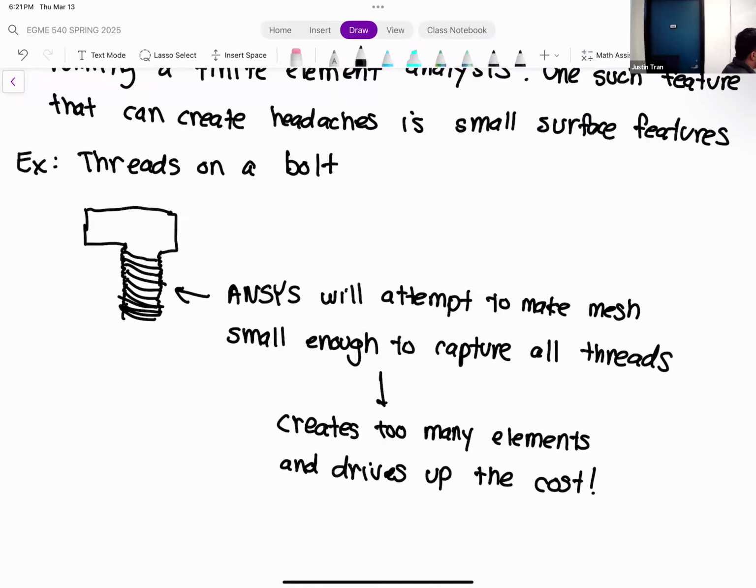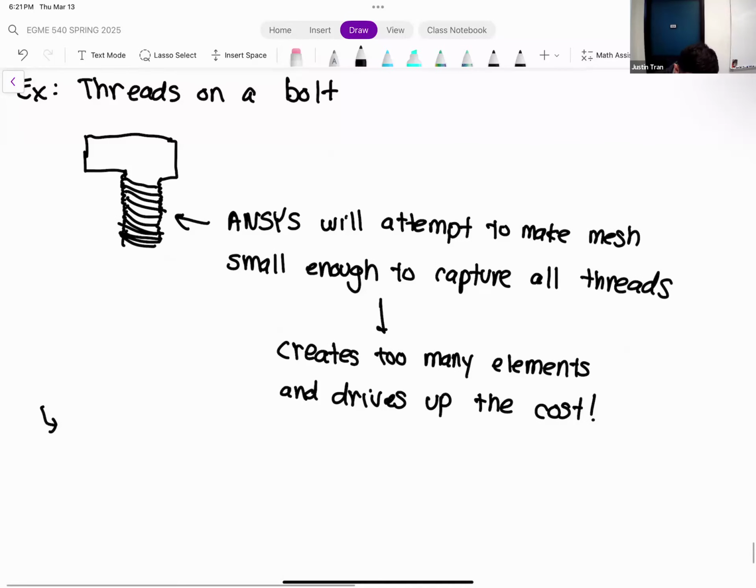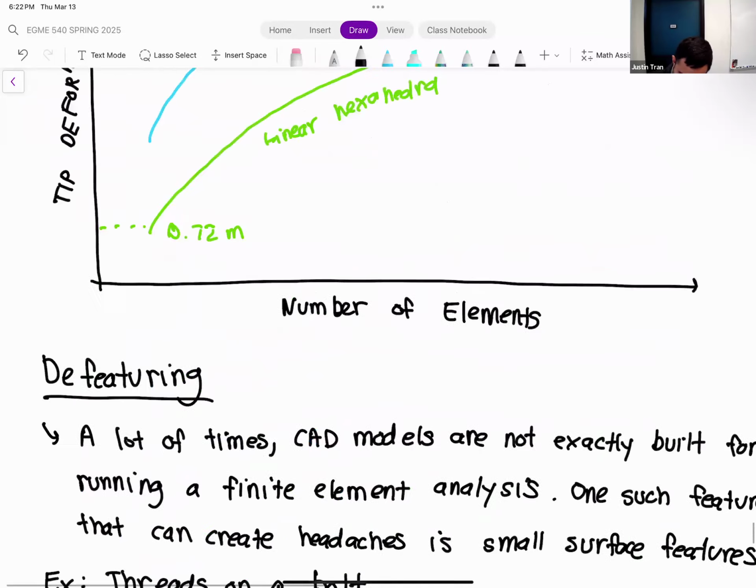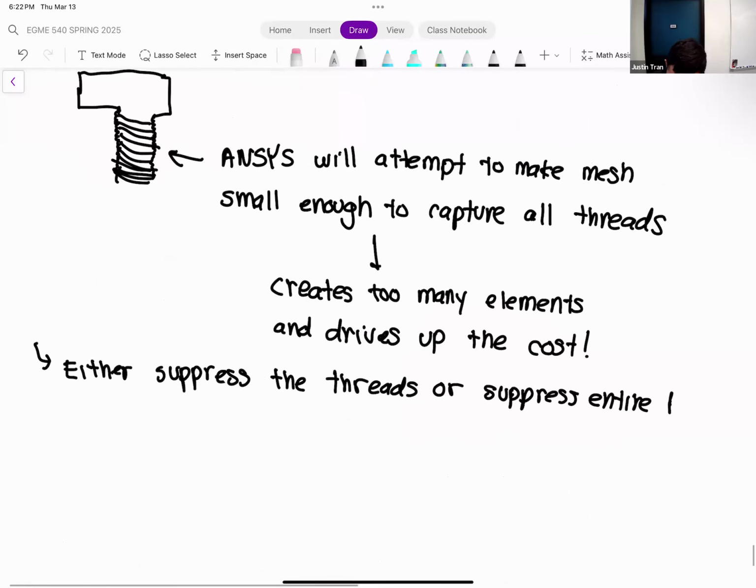Otherwise, your mesh is just going to be completely crazy. So that's something that's important to do with threads, okay?